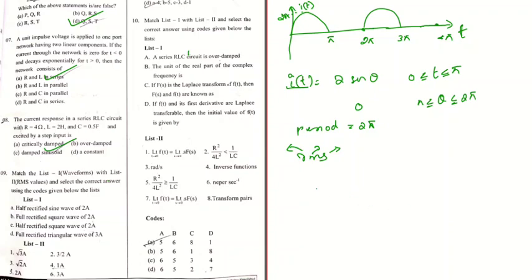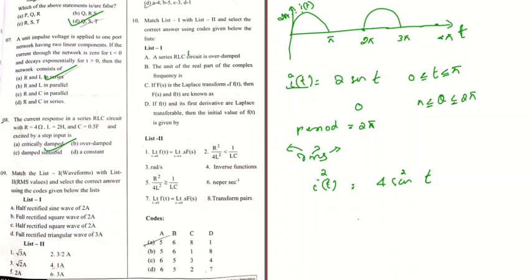First of all I am going to take the square. i square t is equal to 4 sine square theta.